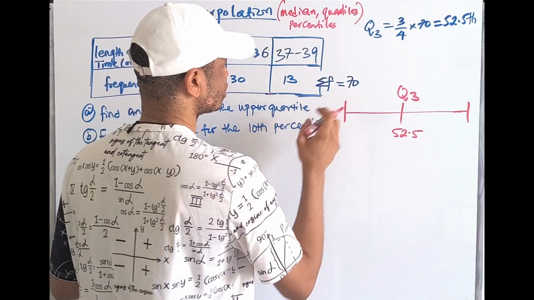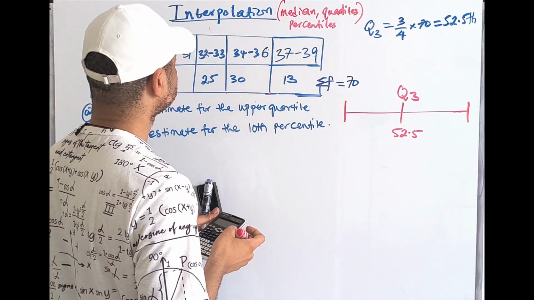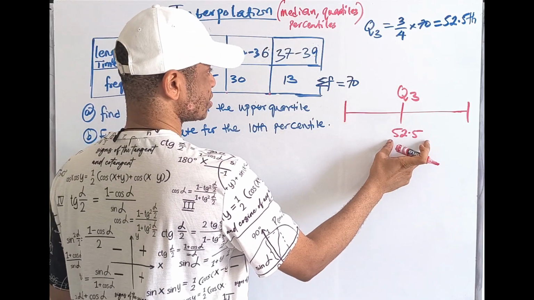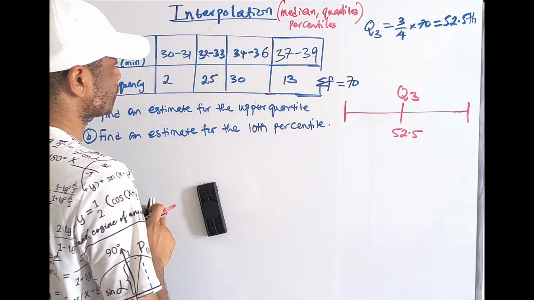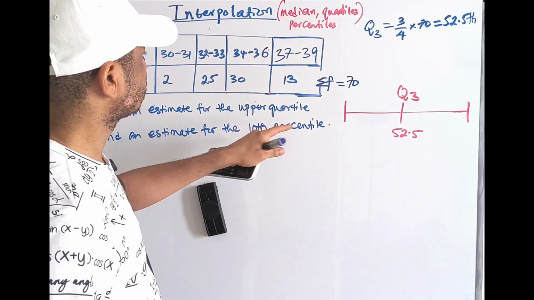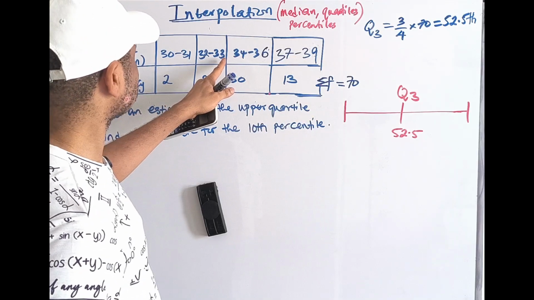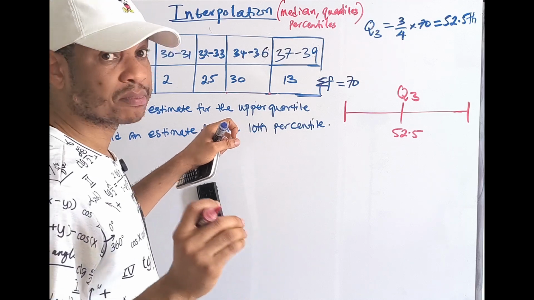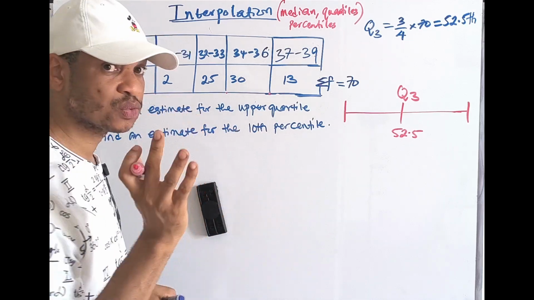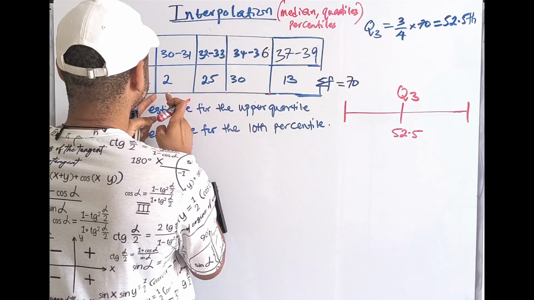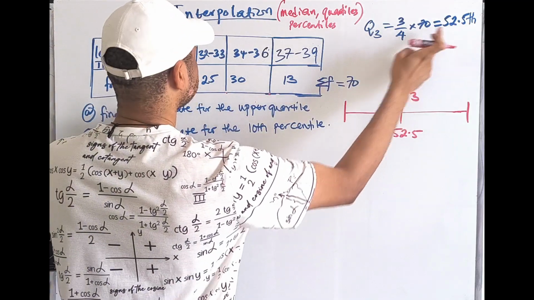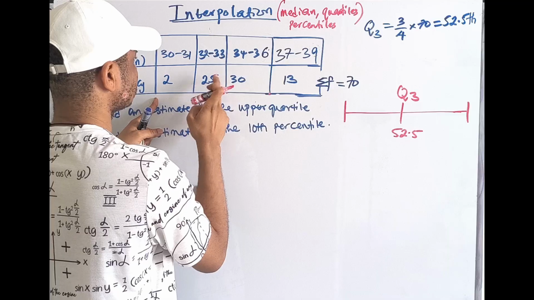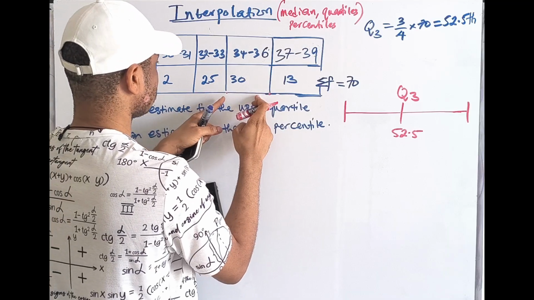So first thing I will do is take my bounds. From here, 52.5 will be here, because this is 27 and 57. So it is somewhere here.